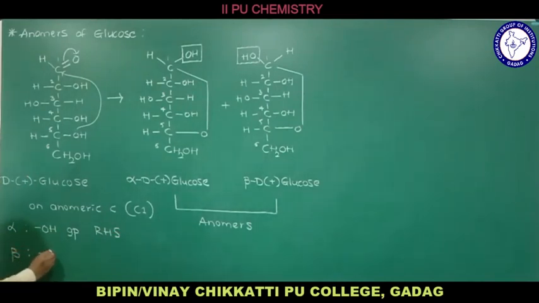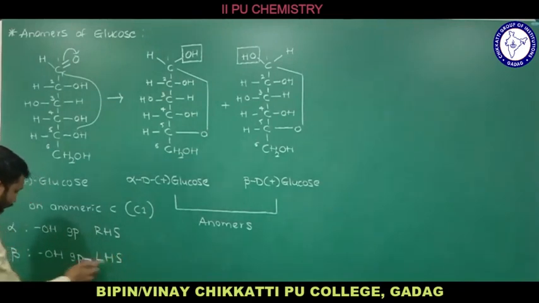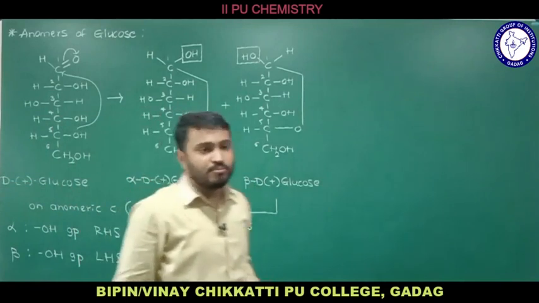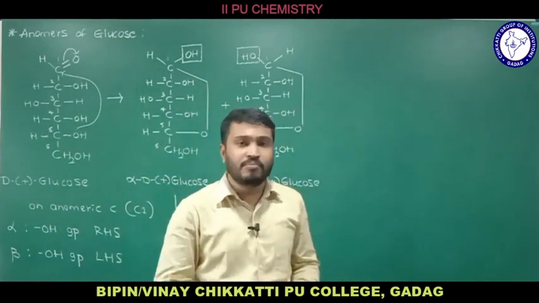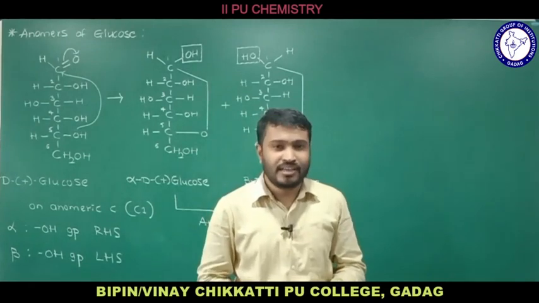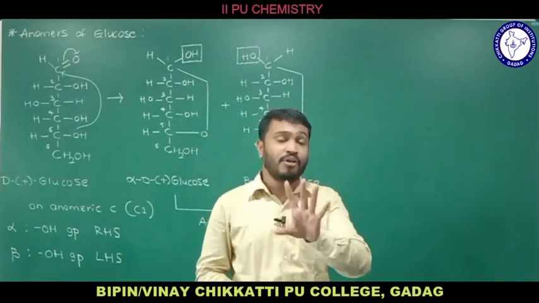And if the OH group is on the left hand side, that we call beta. Alpha and beta are anomers, and anomers are nothing but optically active isomers which differ in the configuration at the anomeric carbon.